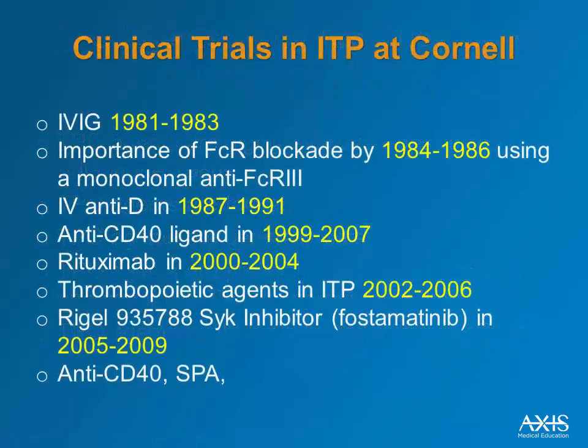If we talk about other agents briefly, these are agents that have been in clinical trials, the most prominent of which currently is the Rigel R935788 SYK inhibitor known as fostamatinib.